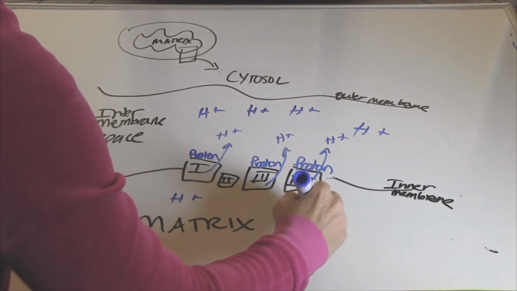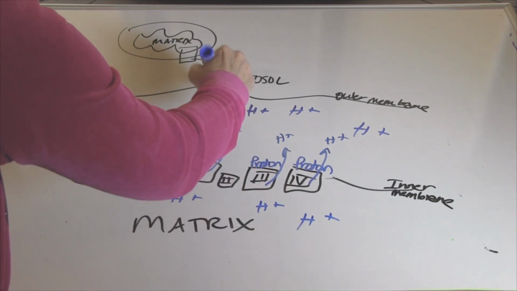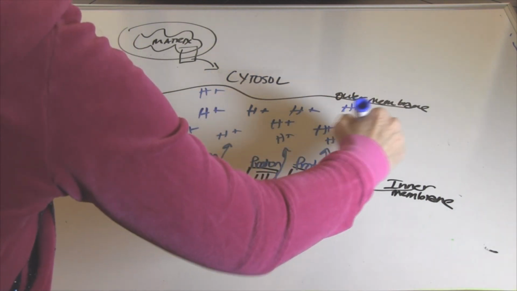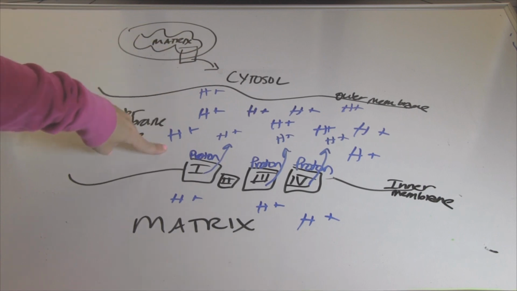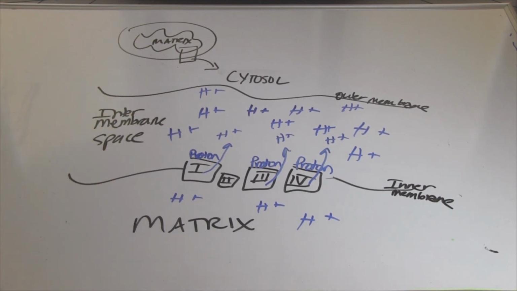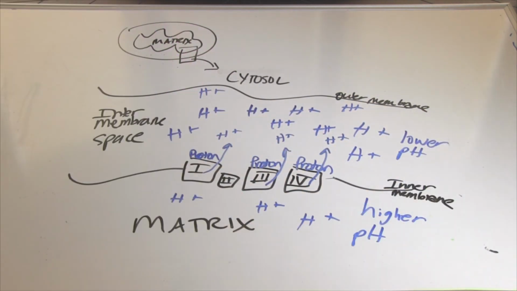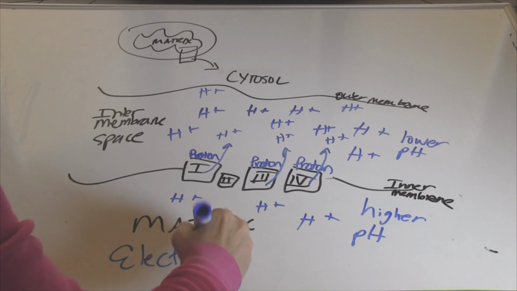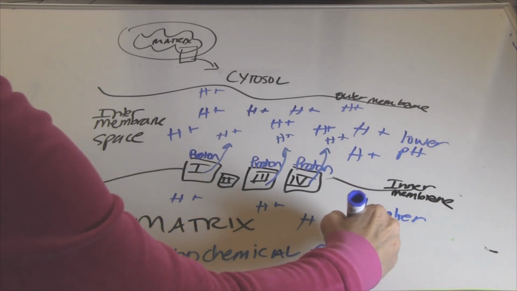There's only going to be a smaller amount on this side, but they're pumping these against their concentration gradient. We have a higher amount of hydrogen here, so the pH therefore is going to be lower. So we set up an electrochemical gradient.